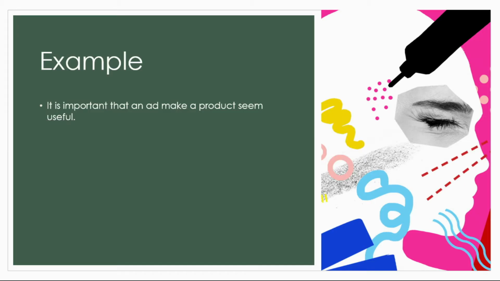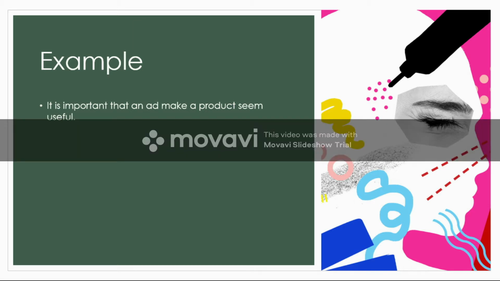Here you have an example. It is important that an ad make a product seem useful. Read the sentence aloud and identify the verbs. I will give you some time.